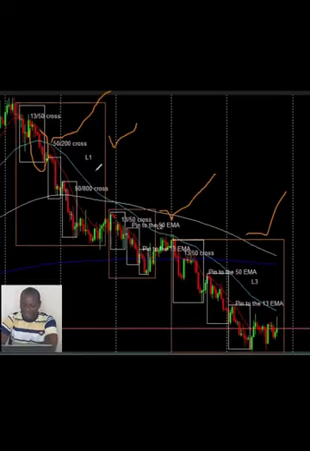Inside each of the H4 levels, you'll notice something, that we were still able to identify our H1 levels. So look at the first H4 level. We're able to identify the level 1 H1, level 2 H1, and what? Level 3 H1. Now, what about this same story for the level 2 H4? We're able to identify level 1 H1, level 2 H1, and level 3 H1.